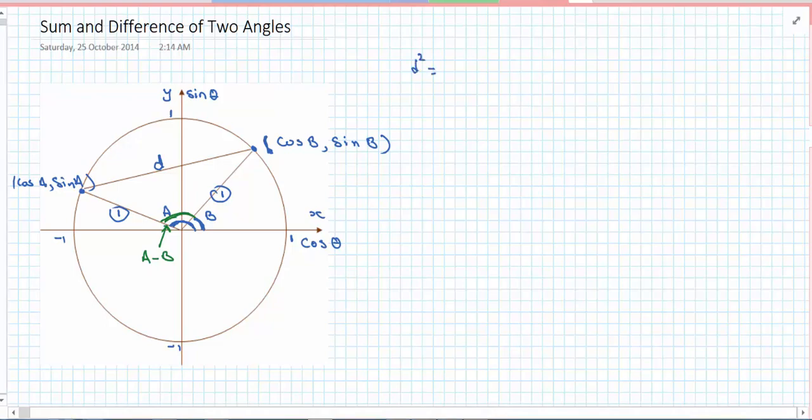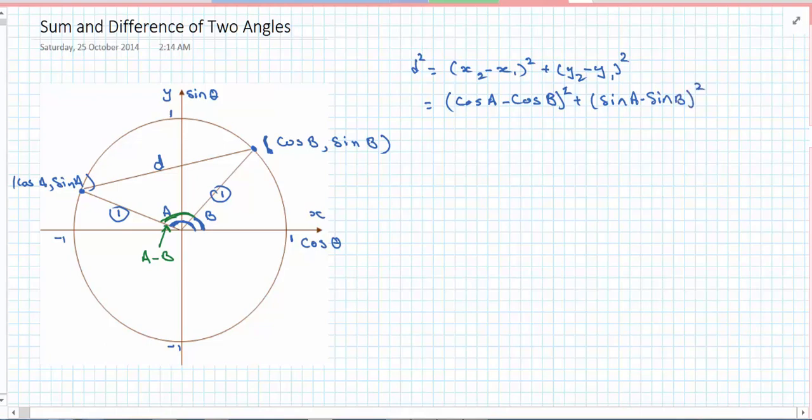D squared, just a reminder, is x2 minus x1, squared, plus y2 minus y1, all squared. So substituting in, we're going to go cos A minus cos B squared plus sine A minus sine B squared.